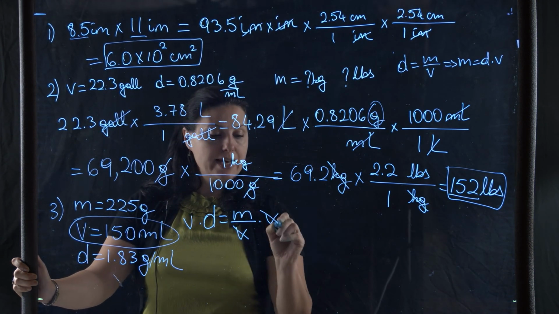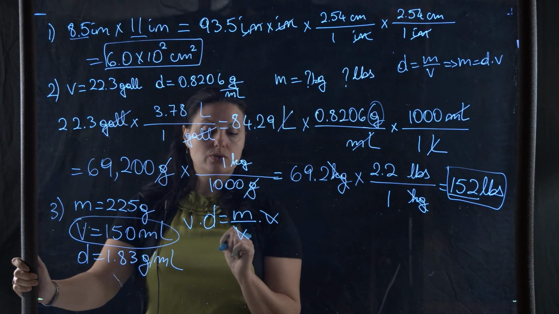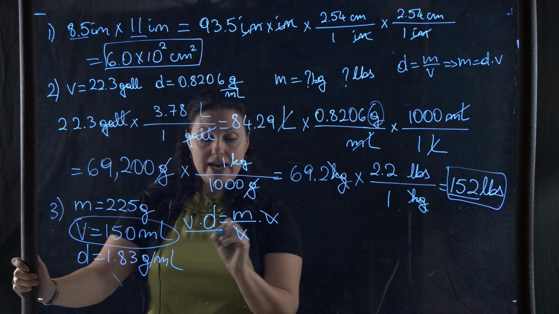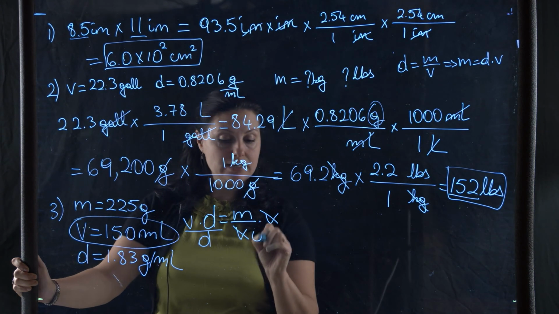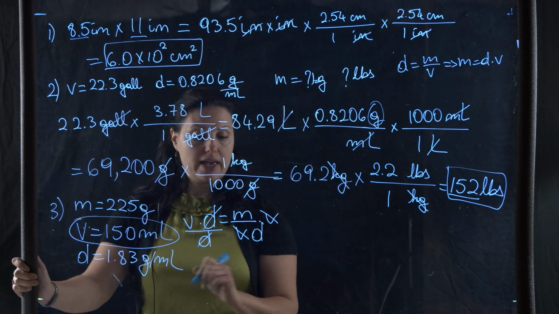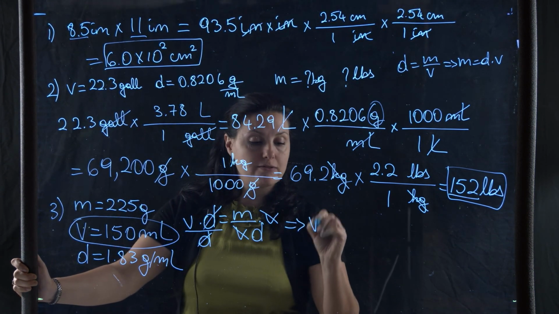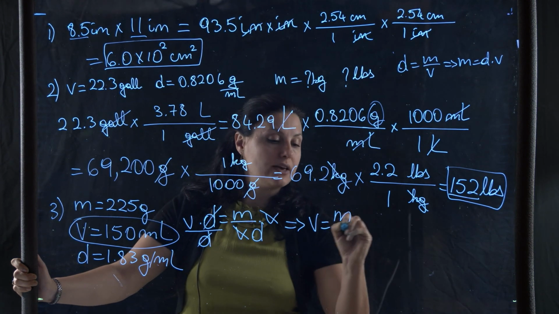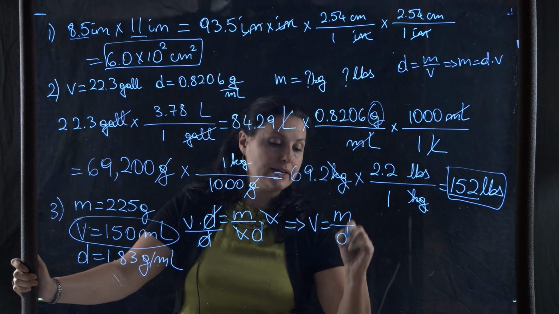Okay, that isolates the mass. And if I want to isolate just the volume, I also have to divide by density both sides. My density here cancels, so that means that the volume is given as mass over density.